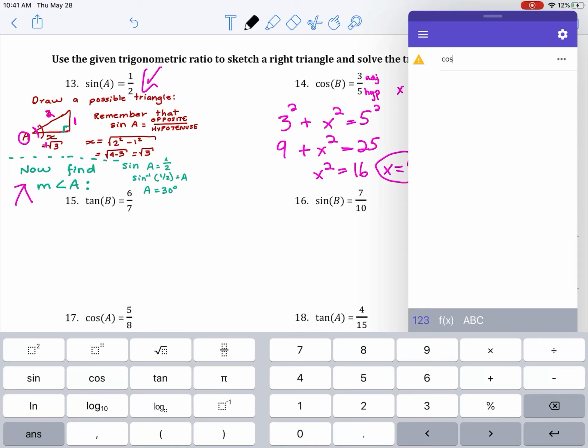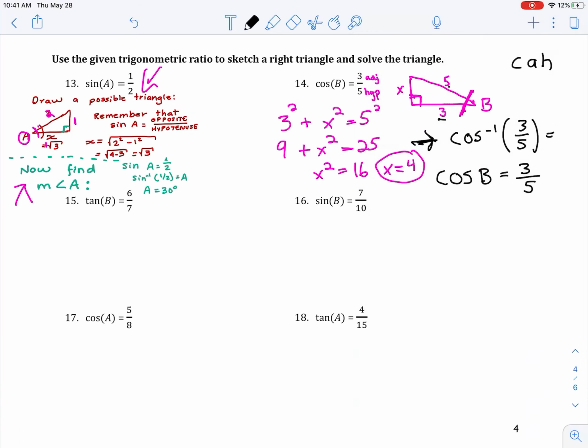Okay, second cosine. There we go. 3/5. That gives me 53.13 degrees. So angle B is 53.13 degrees. And then I would get this other angle here by just subtracting from 180.